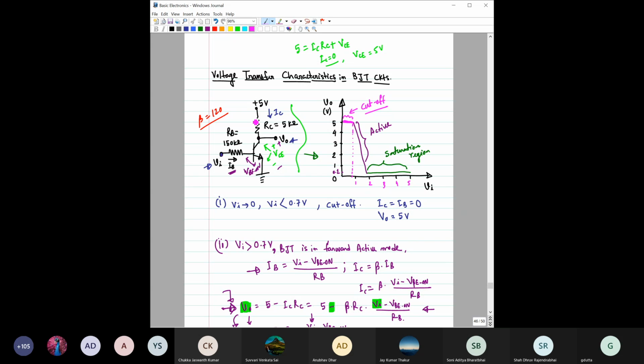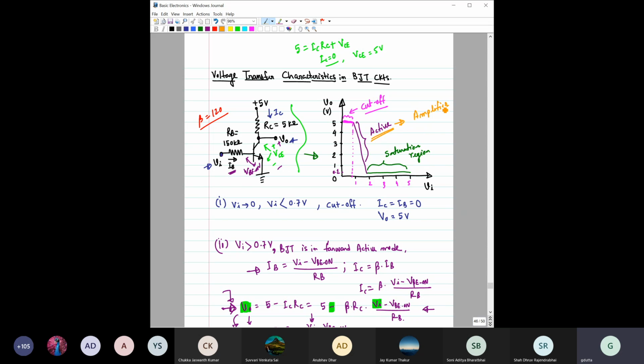Now one important thing is this active region. When the transistor is operating in the active region, then only it can behave as an amplifier.